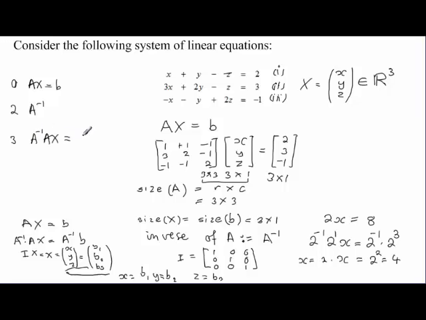Then that will be equal to A to the power minus 1 multiplying B. Where will this get us? It gets us to step number 4, where this is an identity. Then we multiply an identity by X, we get X. And we know X is x, y, z.